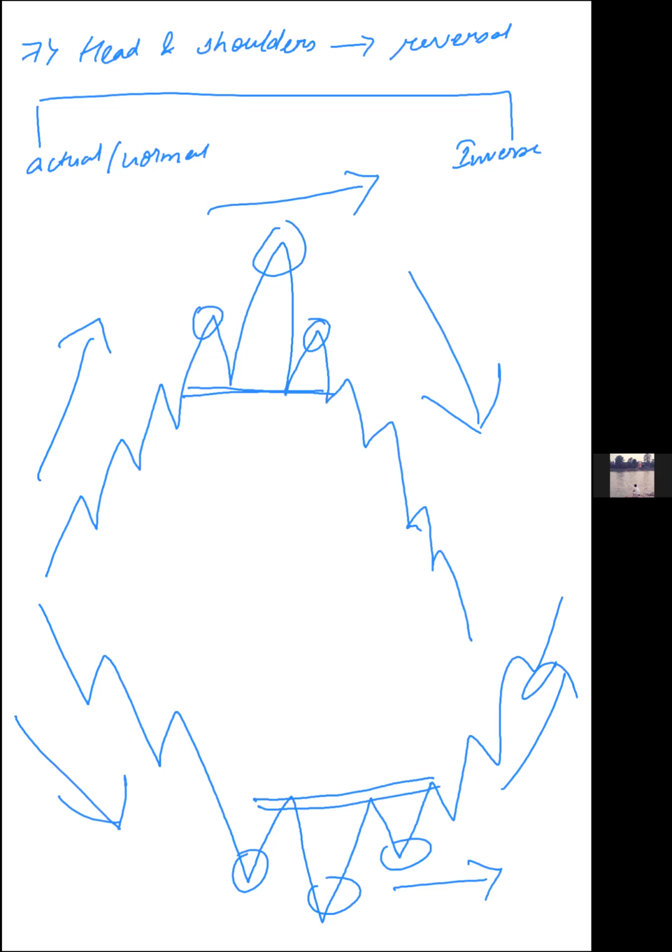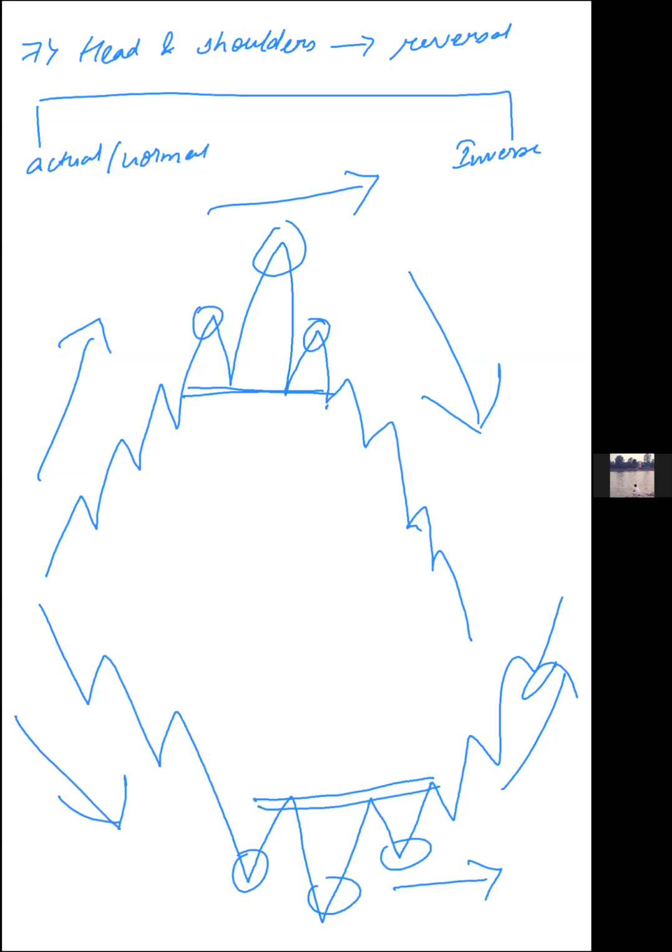Clear? This is just a diagrammatical representation. On charts, it will be a totally different world. So it means we can short when it gives a downside breakdown at the second shoulder. Yes, if it gives a downside breakout and sustains below it, you can obviously short it when the neckline is broken.